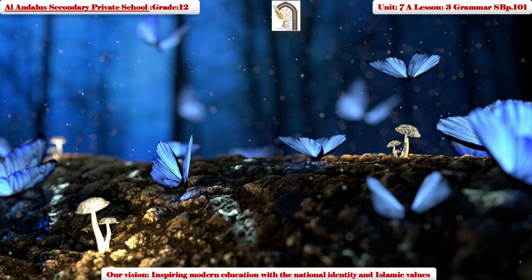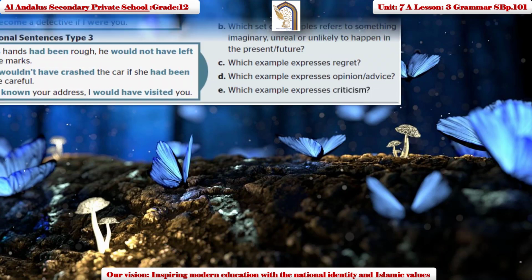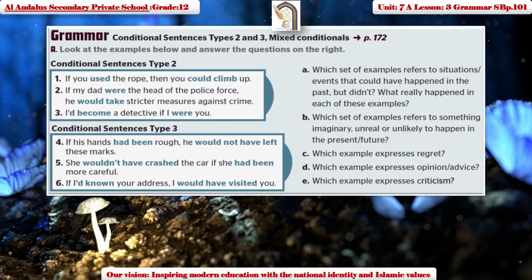Dear students, these are exercises A and B on your students' books, page 101. Now, let's have a look at the examples on the left-hand side of the page. Sentence 1: if you used the rope, then you could climb up.